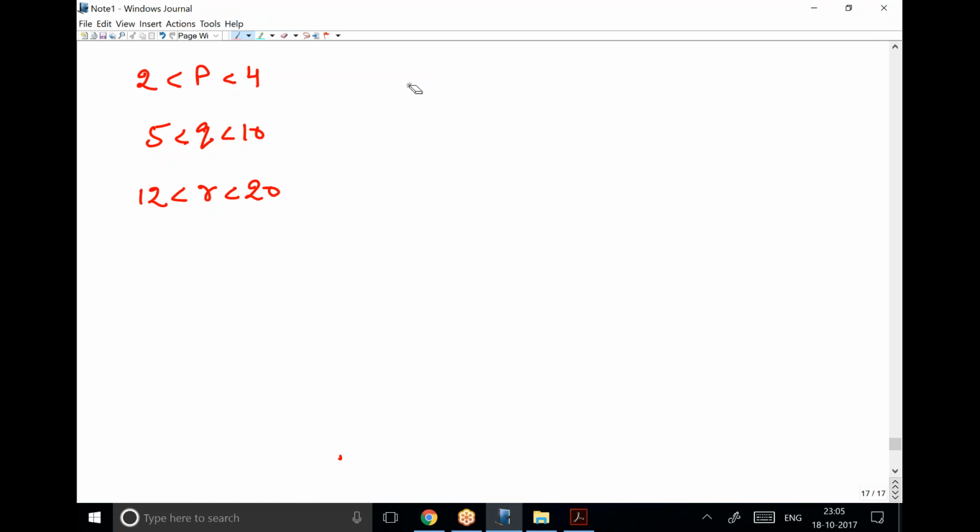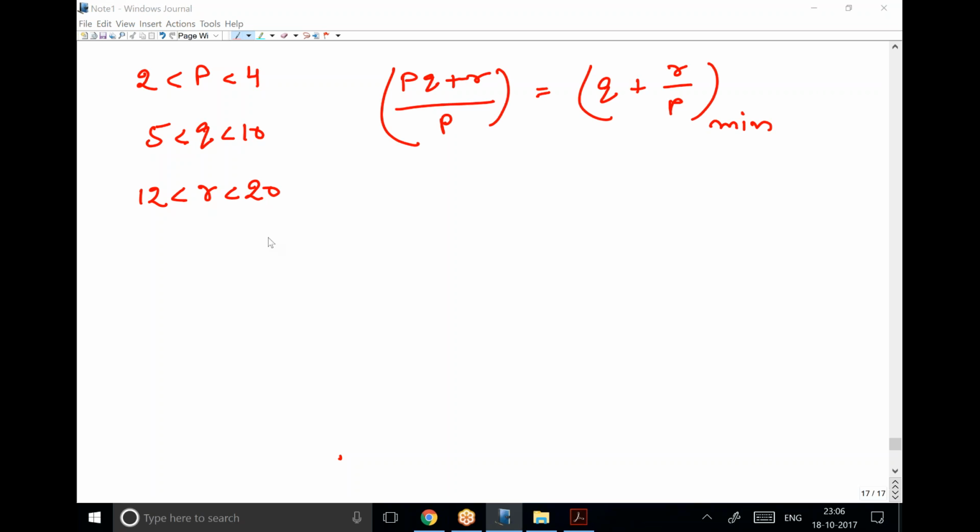PQ plus R divided by P, which is equal to Q plus R by P. We are looking for minimum value of this. When we are looking for minimum value of this, we have to make sure R is minimum and P is maximum, because we should not worry about Q here.